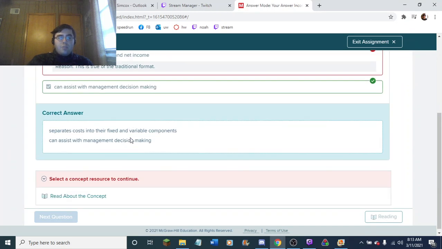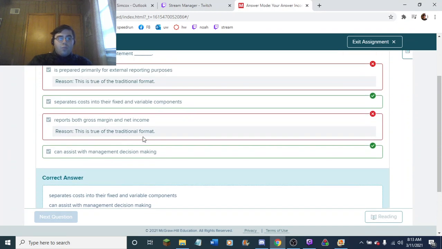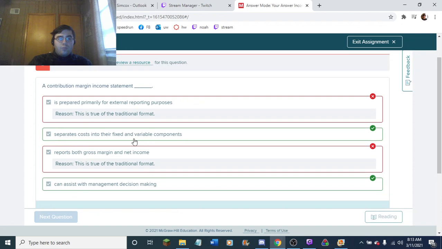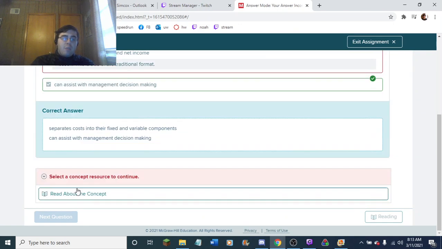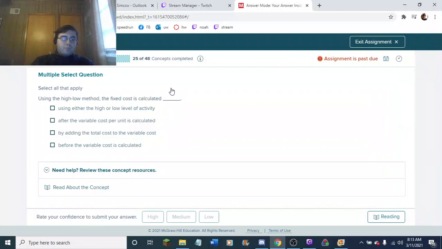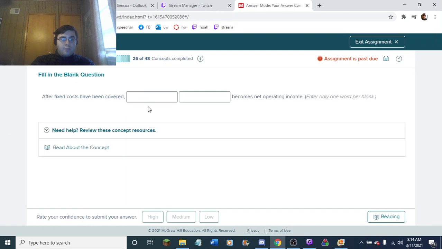So a contribution margin income statement separates costs into their fixed and variable components and can assist with management decision making. Using the high-low method, the fixed cost is calculated after variable costs. Okay.